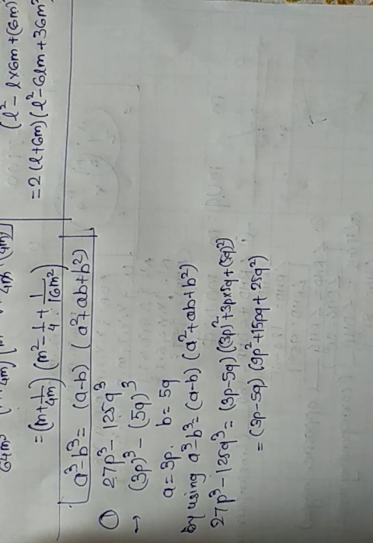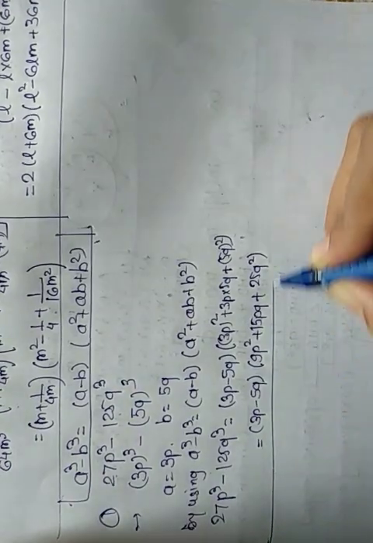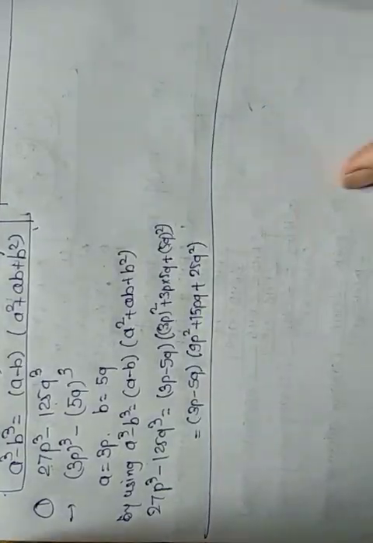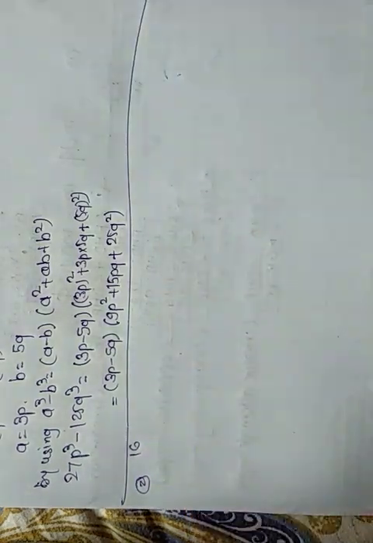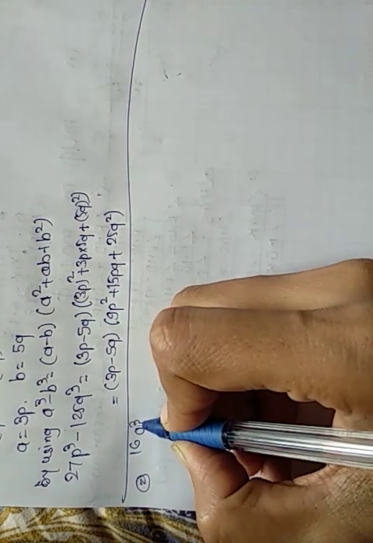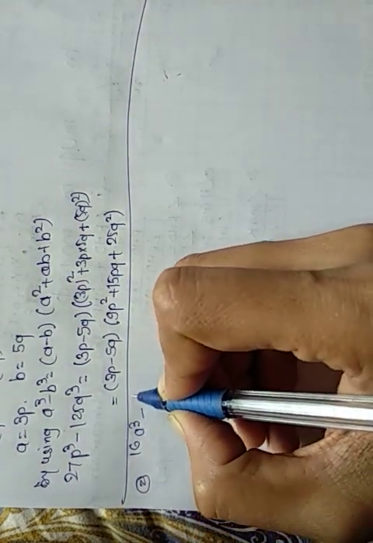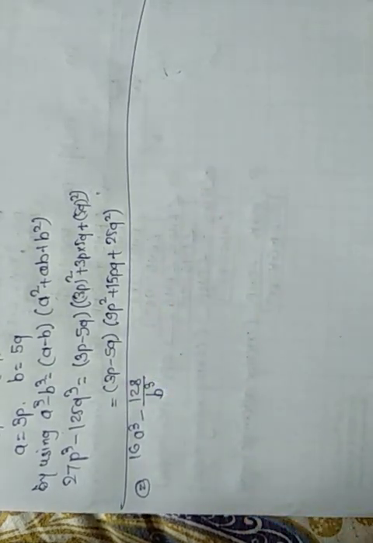Now let's see the second example: 16a cube minus 128b cube.